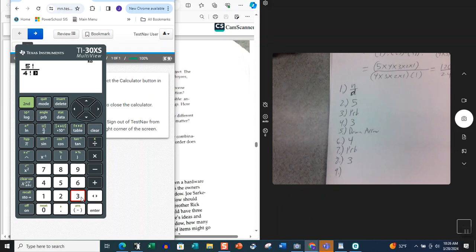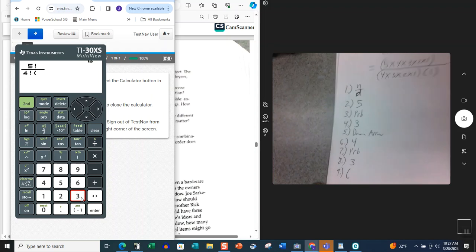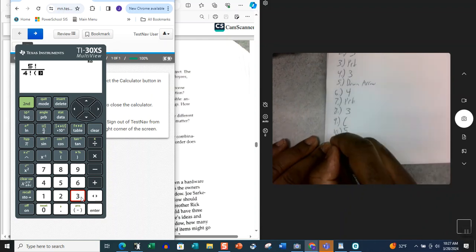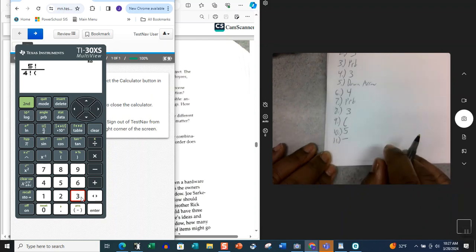Step 9, you will press the parenthesis key. Open parenthesis key. Step 10, you would type in 5. Step 11, minus.